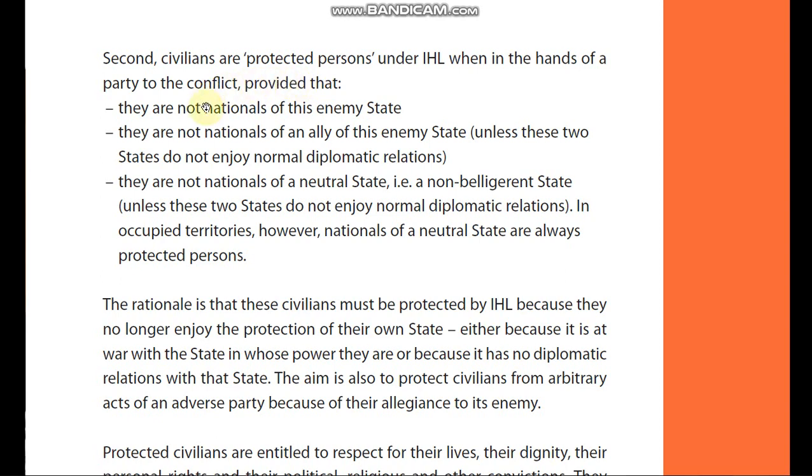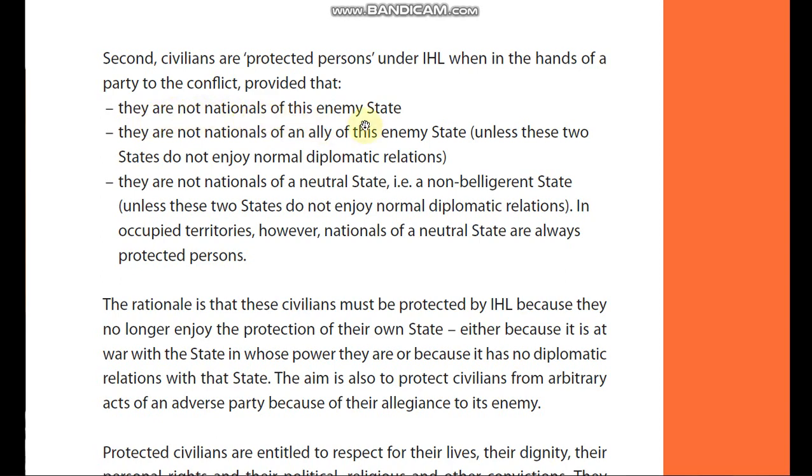They have special protection if these civilians are not nationals of the enemy state, like, for example, the Palestinian people, who are not nationals of the enemy state, which is Israel. So they enjoy the general protection of IHL, and they have another specific kind of protection as people under belligerent occupation, according to this condition.